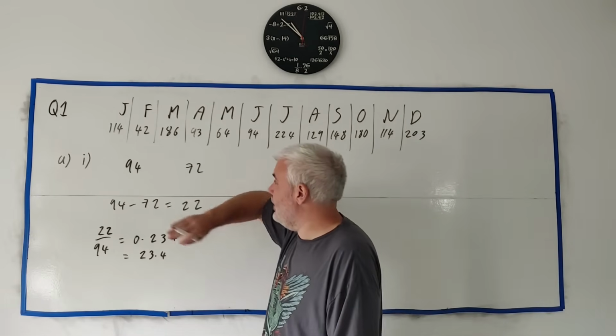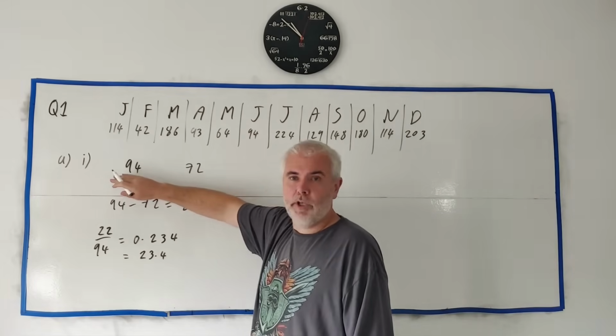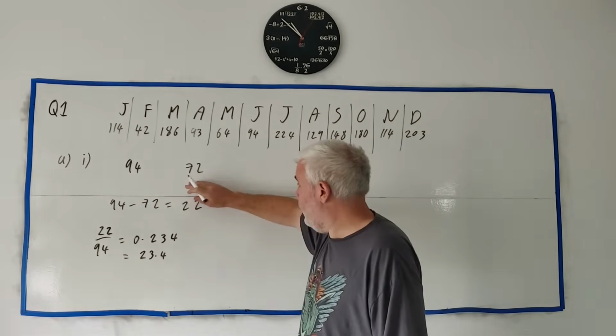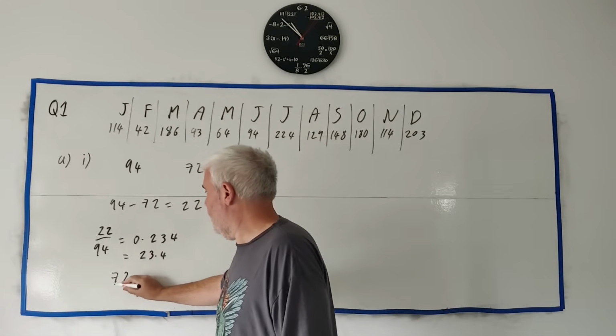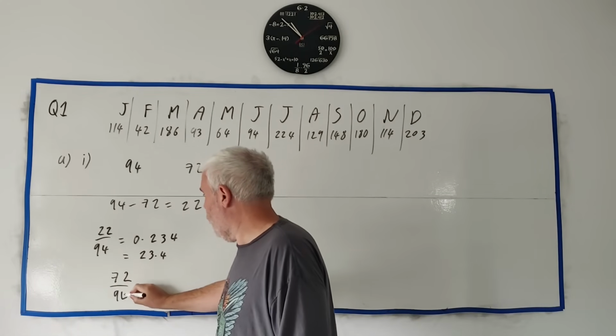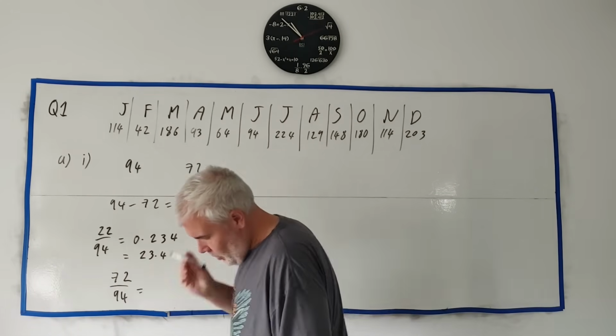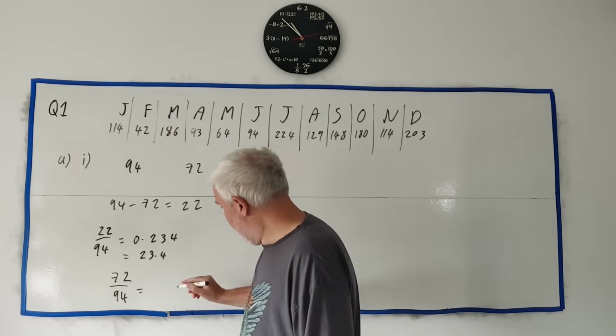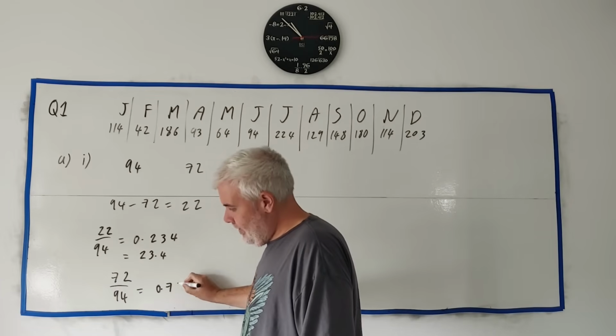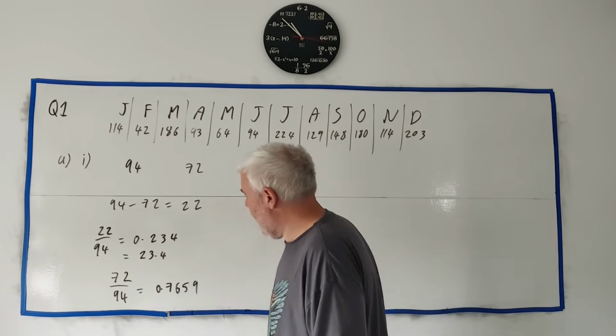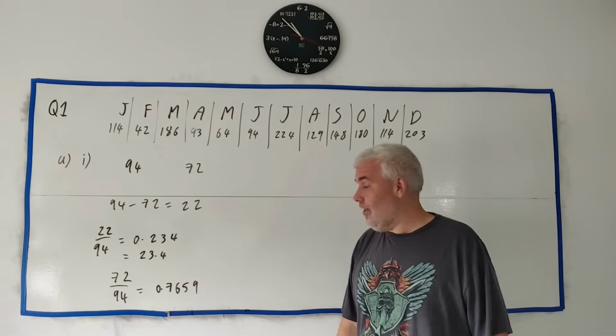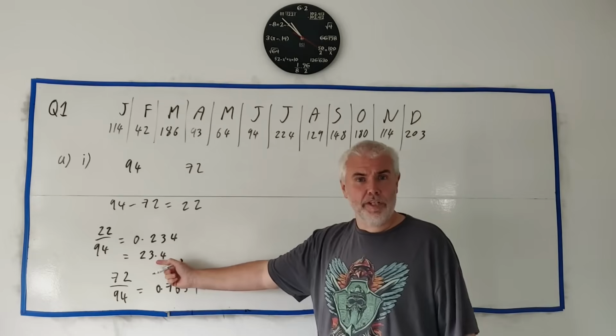We could take the current rainfall and the future rainfall, and we go 72 divided by 94, and that will equal, if I check my notes, 0.7659. Doesn't seem like this is the right answer up here, by the way, 23.4.